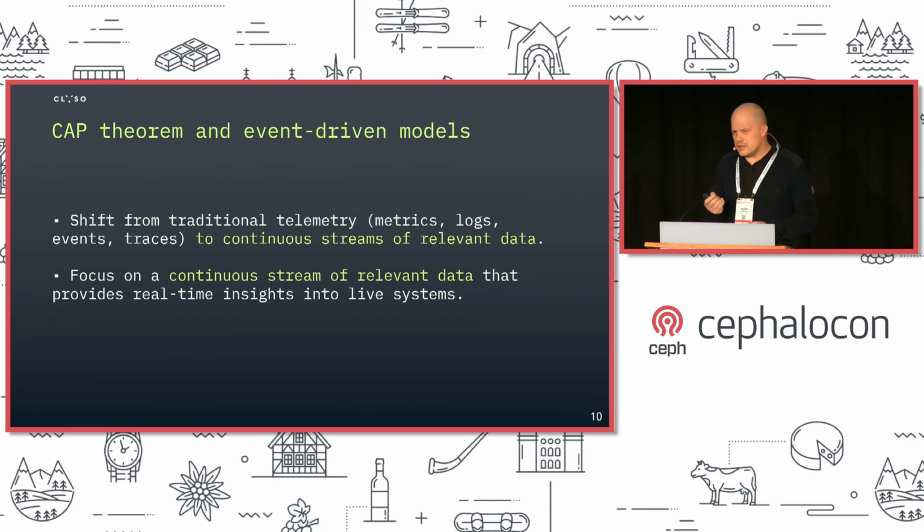The idea is that we need to move from collecting all the data to collecting only data that is relevant and brings us information that we can really use for investigating or for real-time information about the cluster.